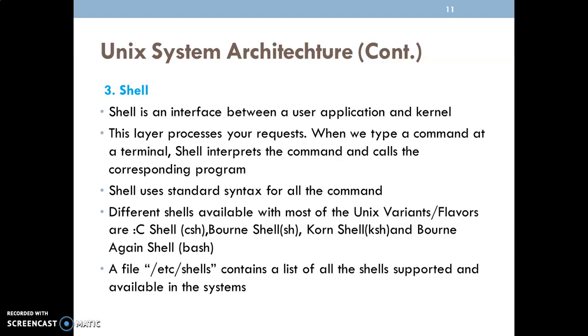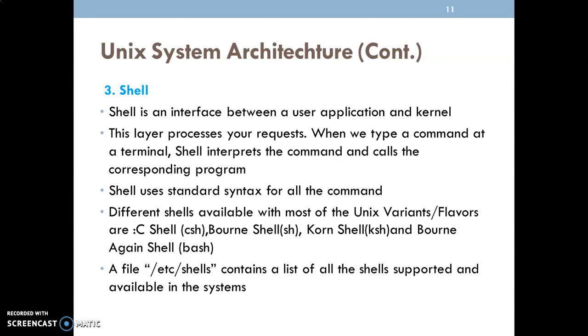When we type a command at a terminal, the shell interprets the command and calls the corresponding program. For example, there is a command called ln, which links files, meaning we are creating hard links here, or it might be symbolic links by using some options.